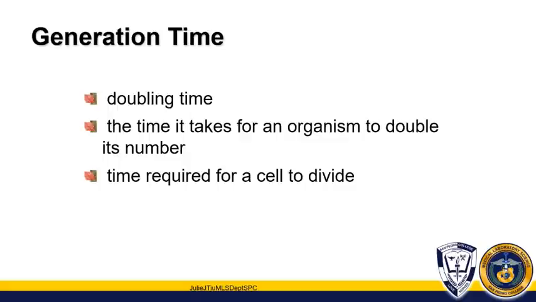Example: the generation time of E. coli in the laboratory is 15 to 20 minutes, but in the intestinal tract, the coliform's generation time is estimated to be 12 to 24 hours.